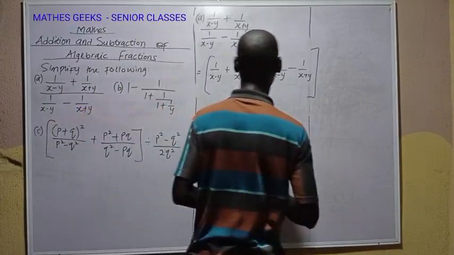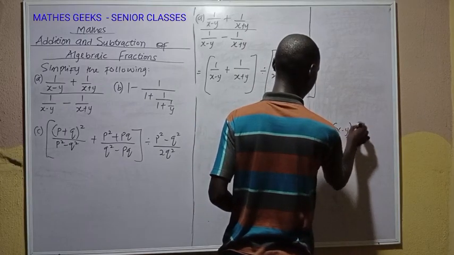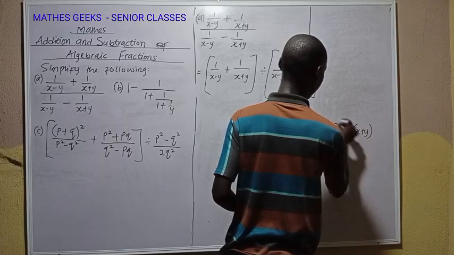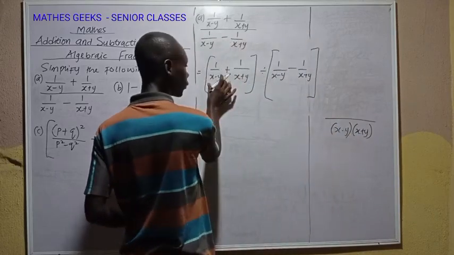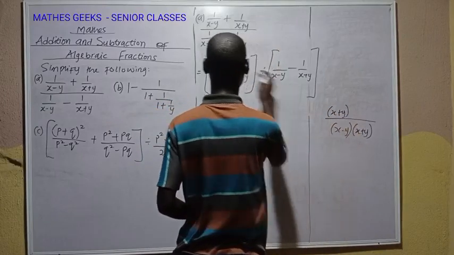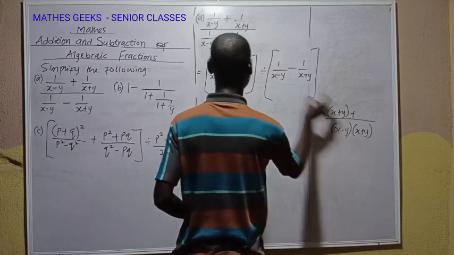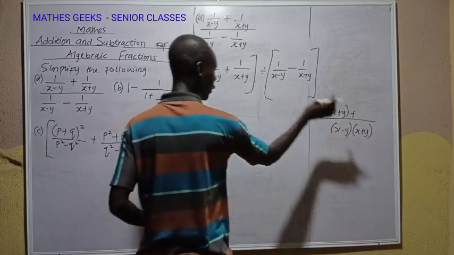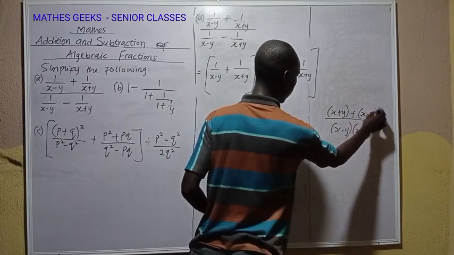In the numerator, the LCM is x minus y and x plus y. So the LCM divides the denominator. We have this part left, x plus y, when multiplied by 1 gives us this part plus. So the LCM divides the denominator. So this part left, multiplied by 1, is going to be x minus y.